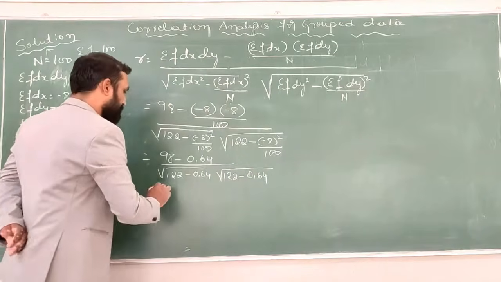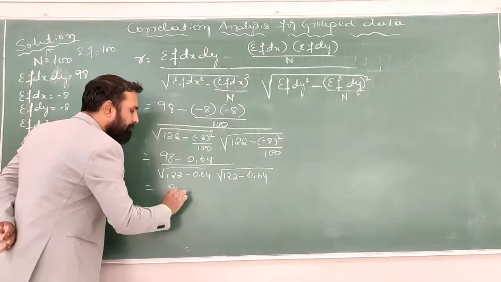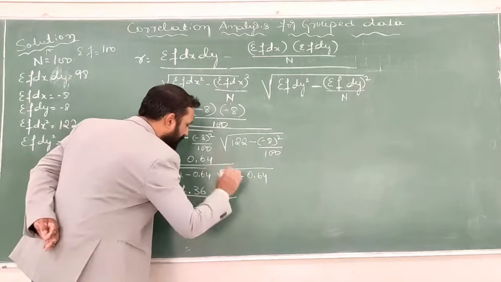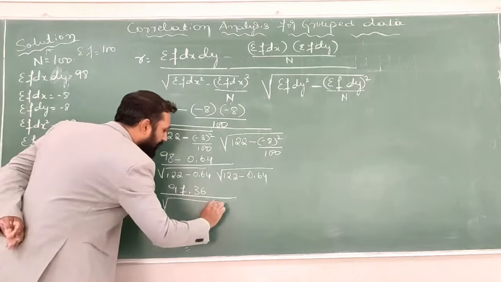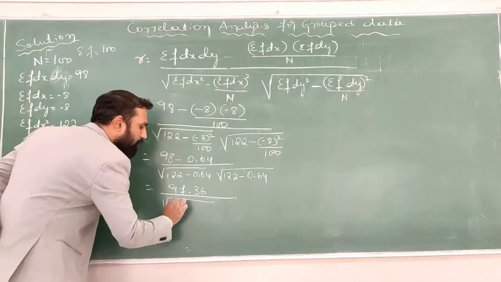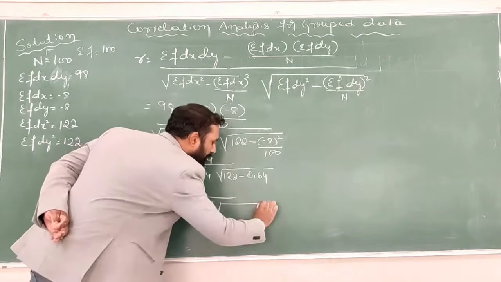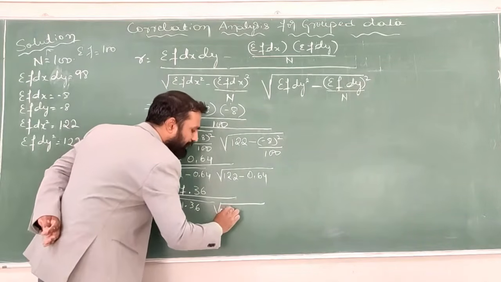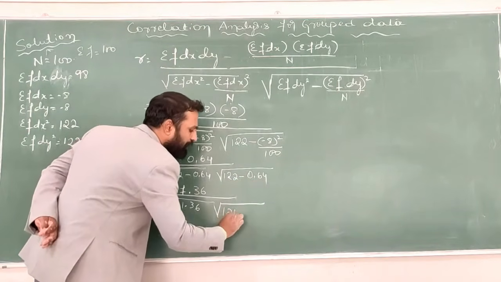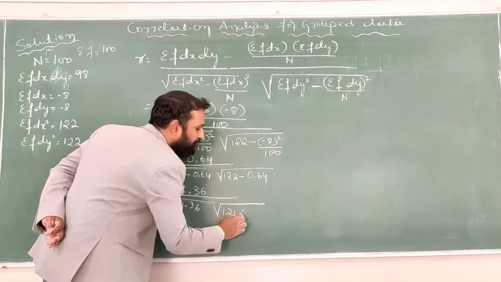The next, 98 minus 0.64 is 97.36, divided by square root of 122 minus 0.64, which is 121.36, into square root of 122 minus 0.64, which is 121.36.